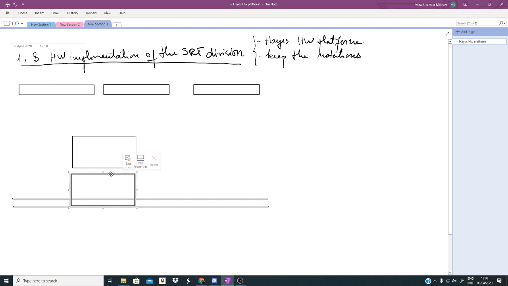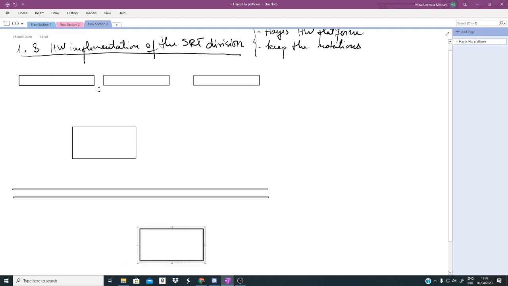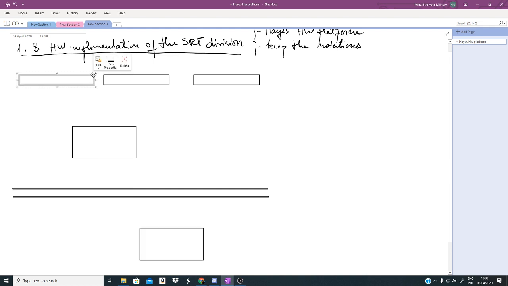And then this would be the control unit right here, and then this will be the counters.